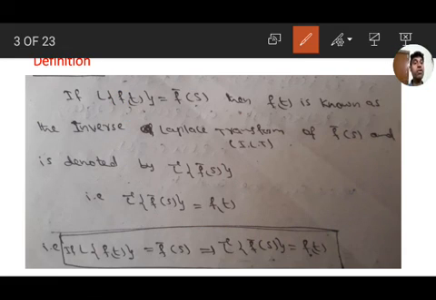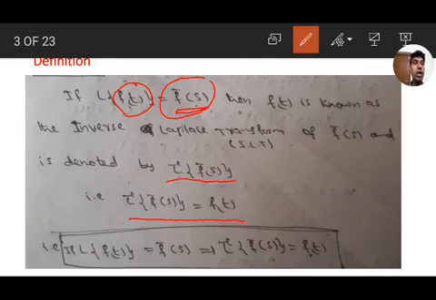Means if L of f of t equals f bar s, this f bar s is the Laplace transform of f of t, and reversely this f of t is known as the inverse Laplace transform of f bar s, and it is denoted by L inverse of f bar s, that is L inverse of f bar s equals f of t.